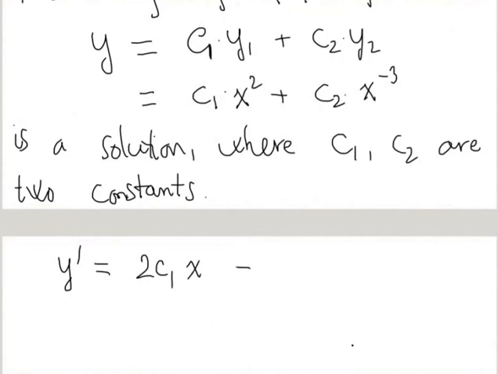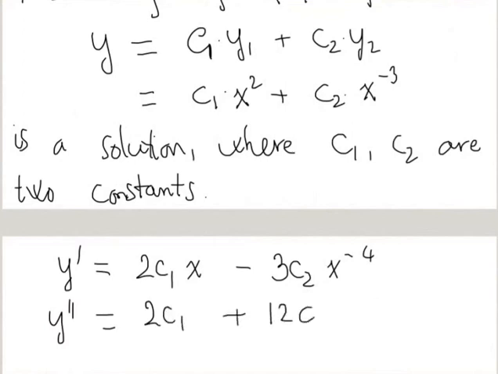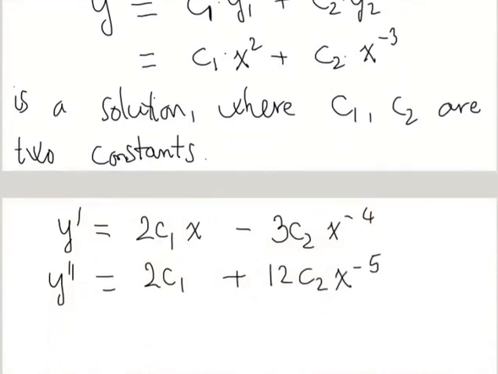And the derivative of the second term is minus 3c2 x to the minus 4. The second derivative is going to be 2c1 plus 12c2 x to the negative 5.